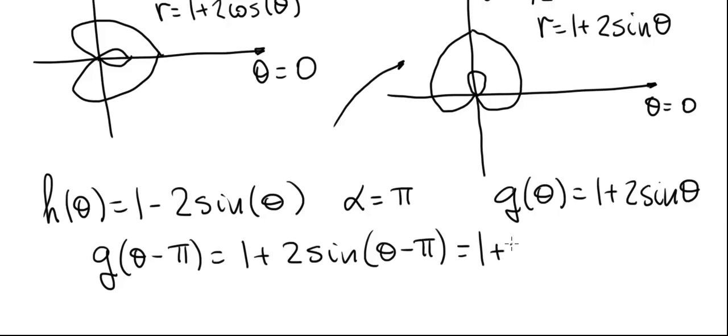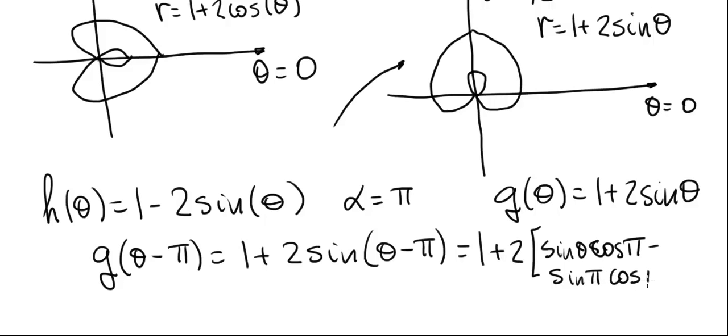This is 1 plus 2 times sine theta cosine pi minus sine pi cosine theta. And so sine pi is 0, so this part drops off.